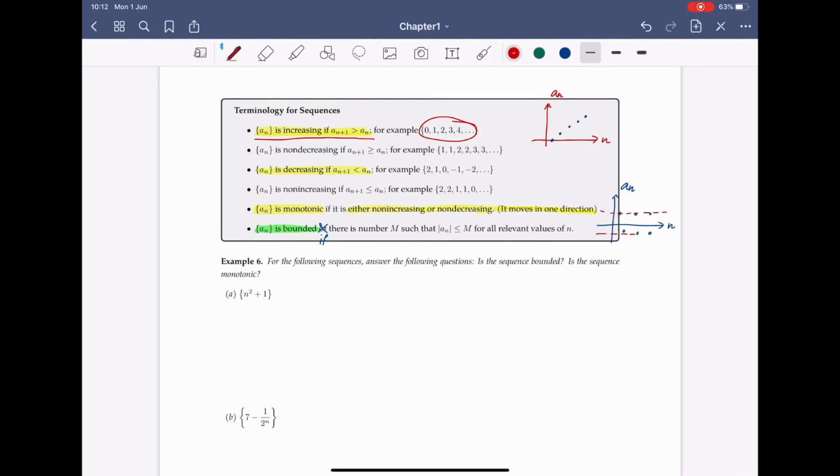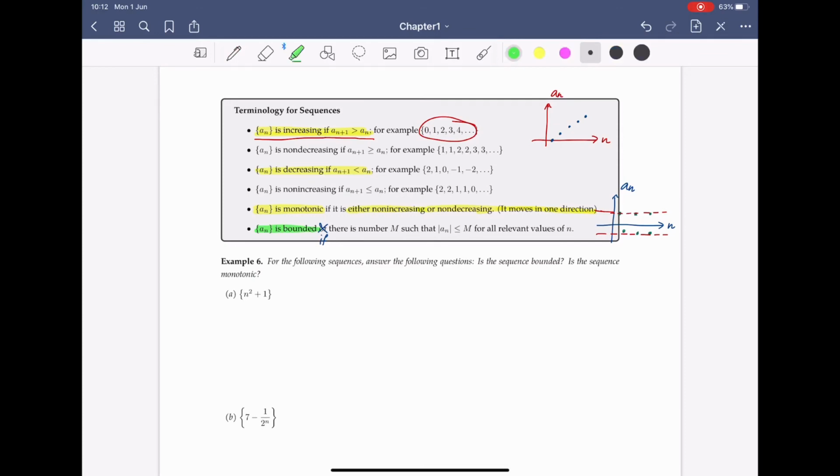Because it's always going to swap between -1 and 1. So it's bounded by 1, bounded by some number. That is the idea of the bounded sequence. Let's do an example together so you see the idea more deeply.